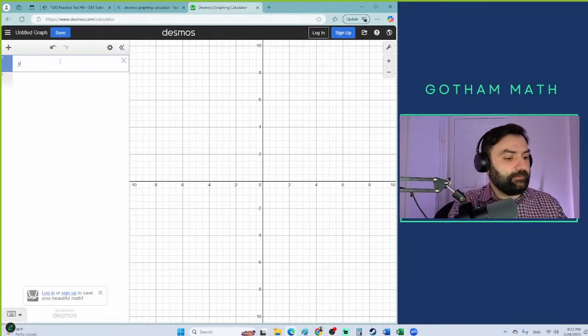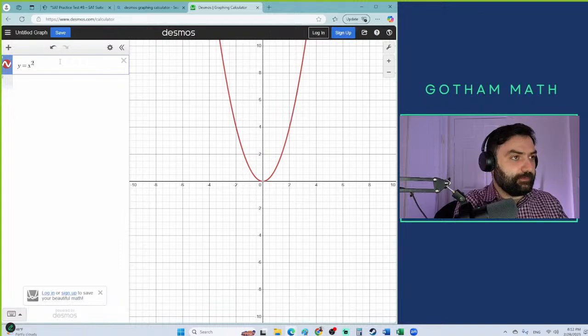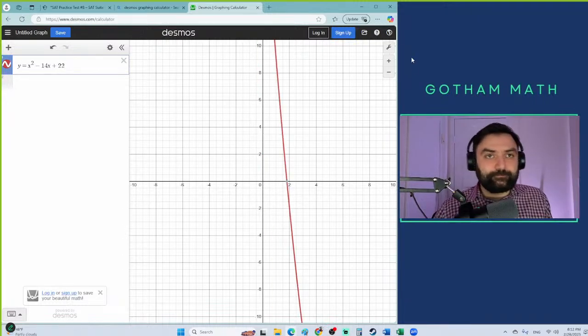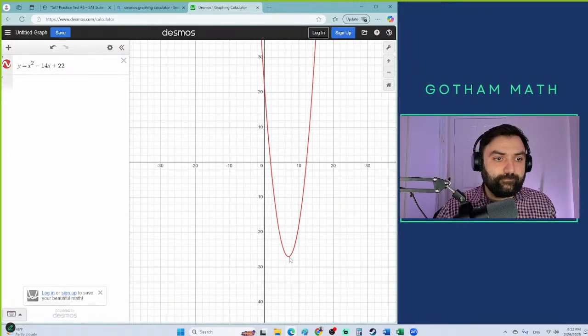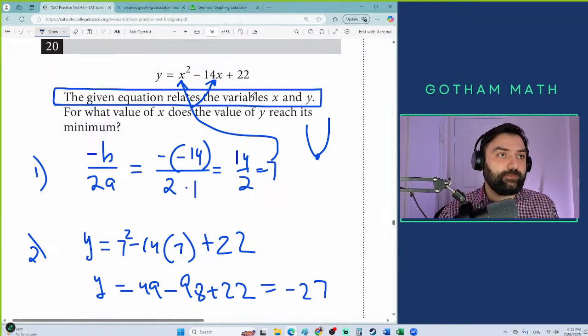All right, y equals x squared minus 14x plus 22. Yeah, it's right there. You see negative 27. So the question is pretty much answered.